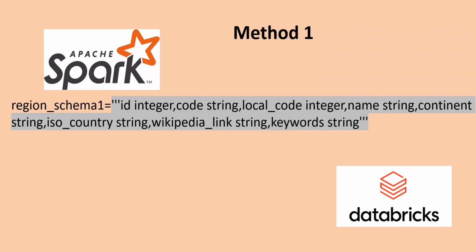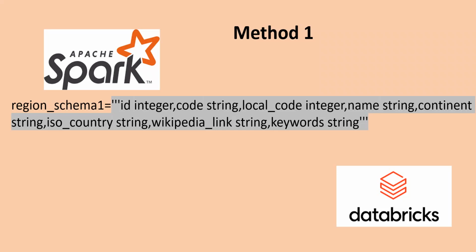And inside this, you have to define the fields, whatever fields you have, separated by a comma. If you take an example, one field is ID, so the column name would be ID, but the data type is integer.